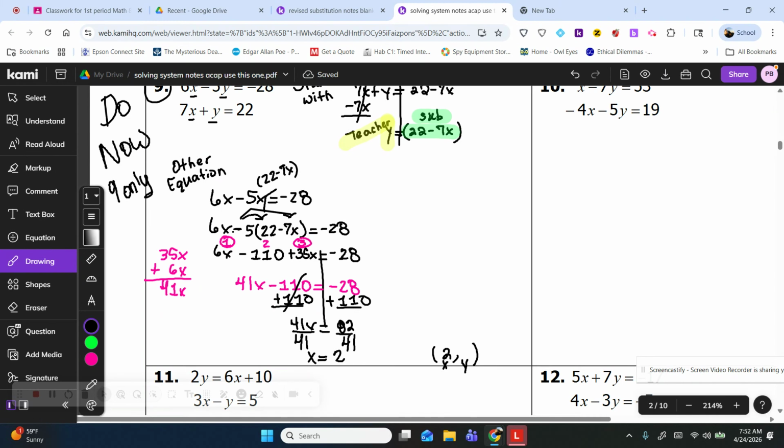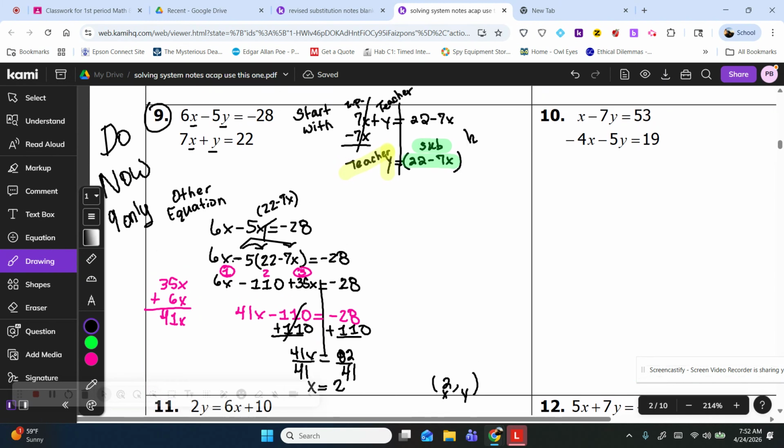So we started here. When we started here, where did we go next? Next we went here, or second we went here. Now, where do you think we're going third? Back over.